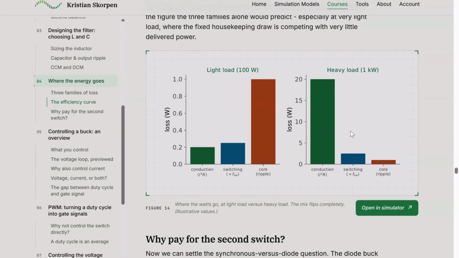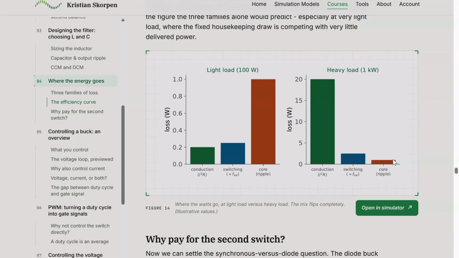At a heavy load, it is kind of the opposite. Here, the conduction losses are way higher because the current is way higher, and we square the current. The switching losses are significantly higher, but they don't increase as much as the conduction losses because they scale with the current, but not so much, since they are more dependent on, for example, the switching frequency.